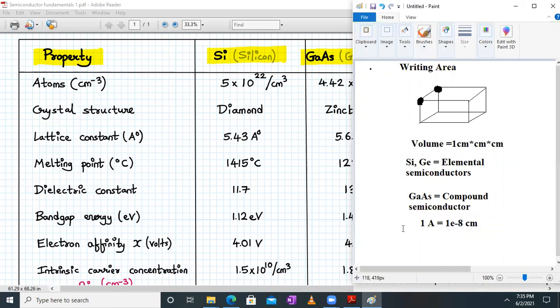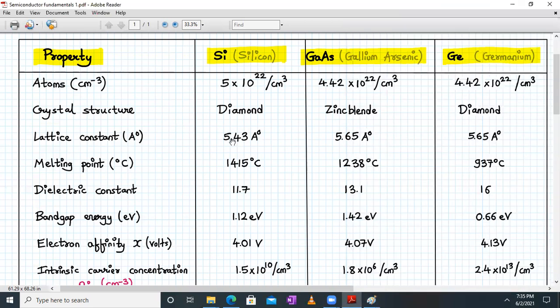So that's the unit conversion. The lattice constant for silicon is around 5.43 angstroms, and for gallium arsenide and germanium it's 5.65.